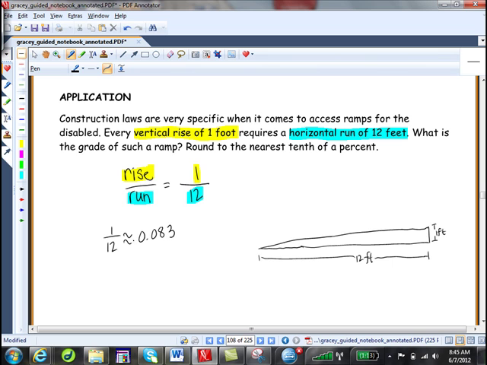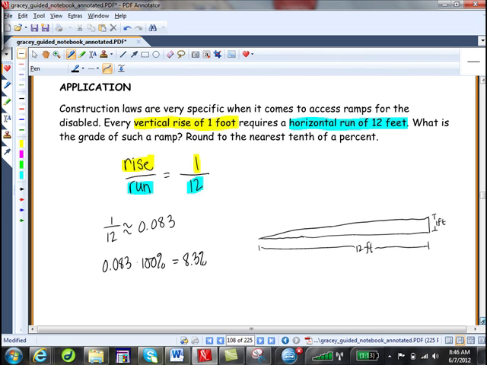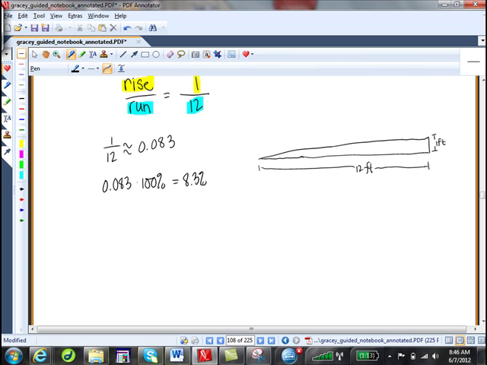And to get that to be a percentage, 0.083 times 100% is equal to 8.3%. So now let's give our result in words. The grade of the ramp is approximately 8.3%.